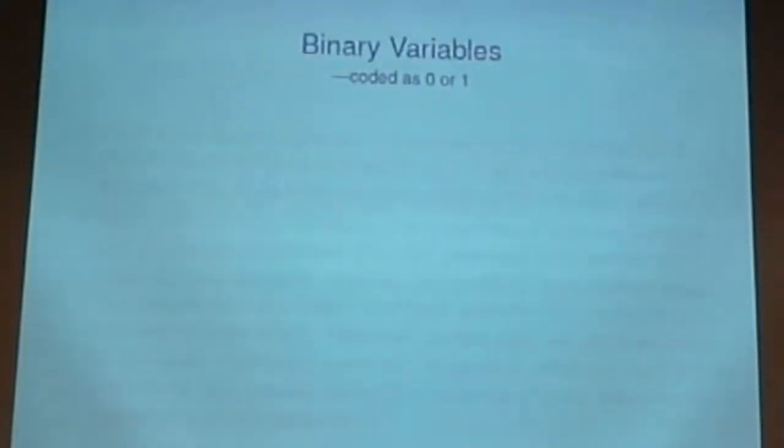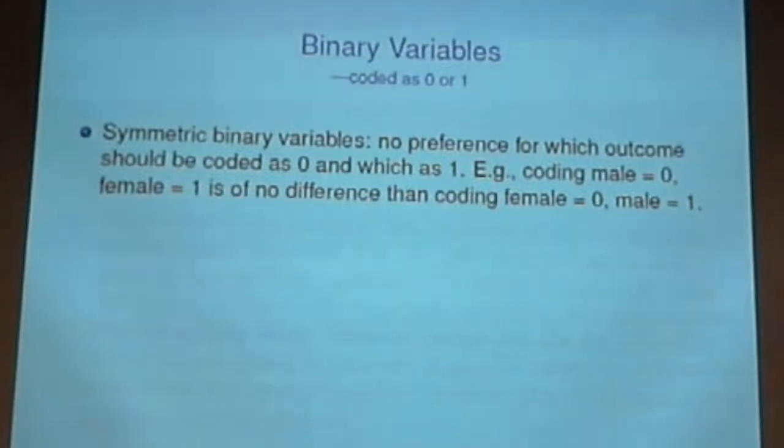First, look at the binary variables. Before you understand this Gower's distance, let's look at the different types of variables we have. Binary variables are coded as 0 and 1. A symmetric binary variable is one where there's no preference as to which label you assign 0 and which label you assign 1.